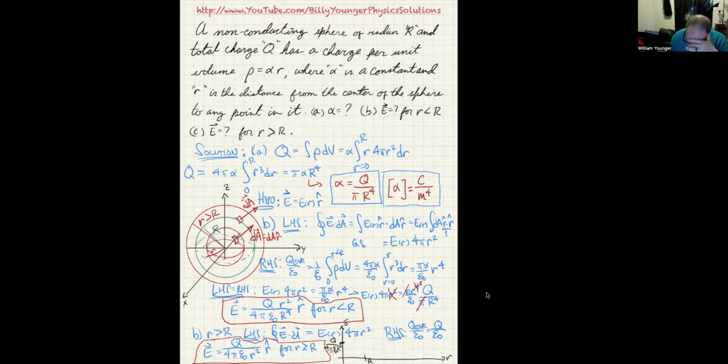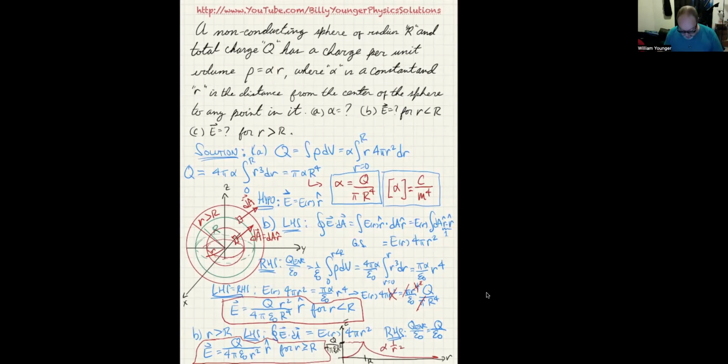Right here, it'll be big R. And what we're going to get, at least from this particular problem, is this is going to go like a parabola to that. And then from there, it's going to fall off like 1 over r squared. So this is proportional to 1 over r squared.